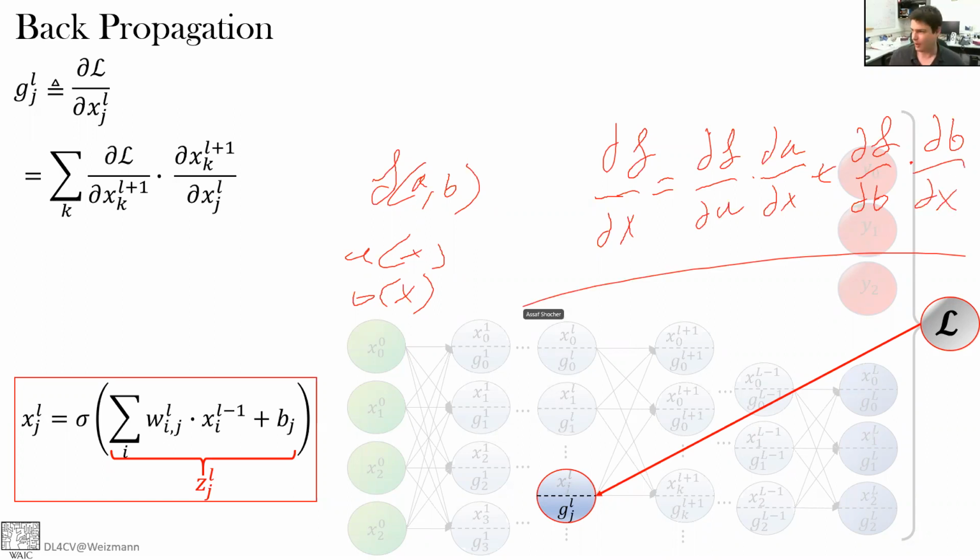This is just a simple chain rule, and we're going to use it in a very wide range. So the summation that you can see here, what it actually says, let me clear up all this mess I did.